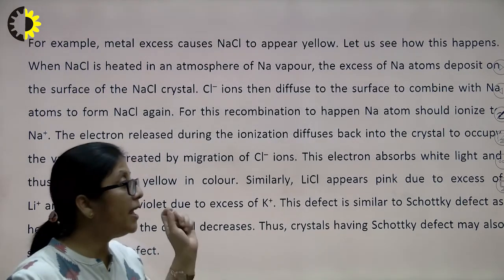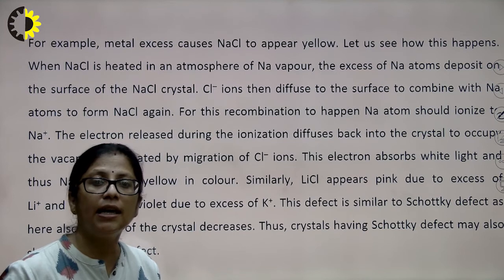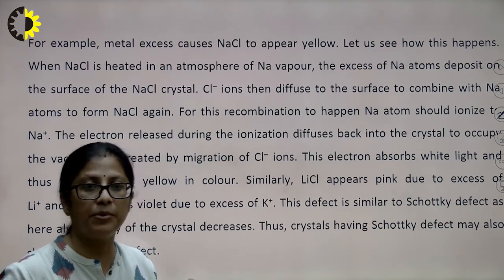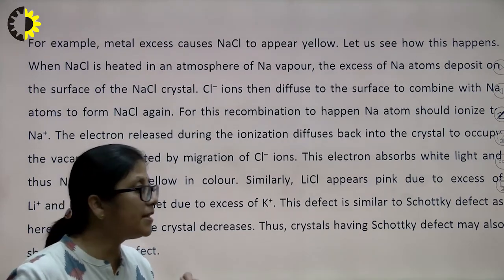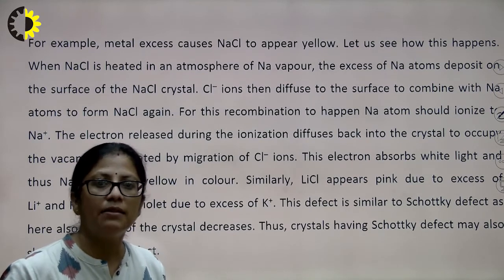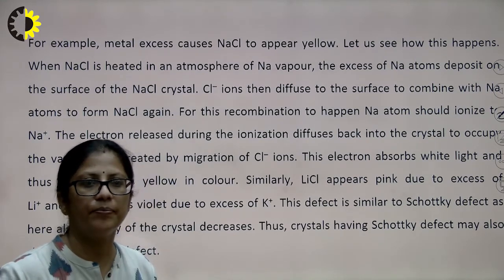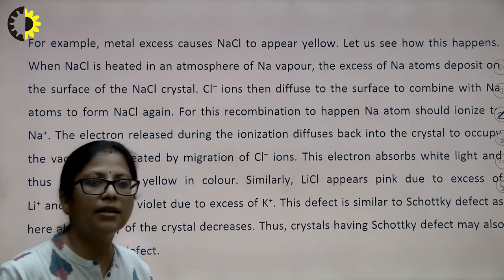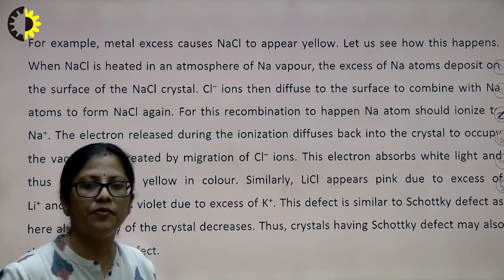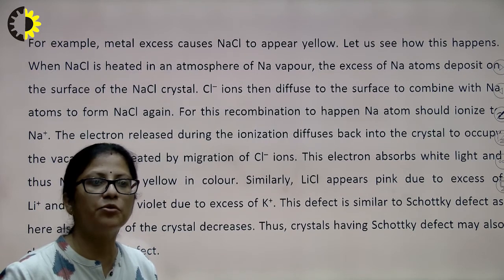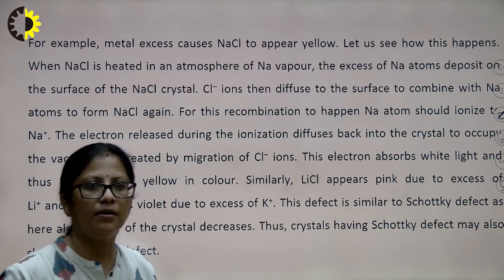Now, when NaCl is heated in an atmosphere of sodium vapors, as I said, the excess sodium atoms get deposited on the surface of the NaCl crystal. The chloride ions then diffuse to the surface to combine with the atoms to form NaCl again.